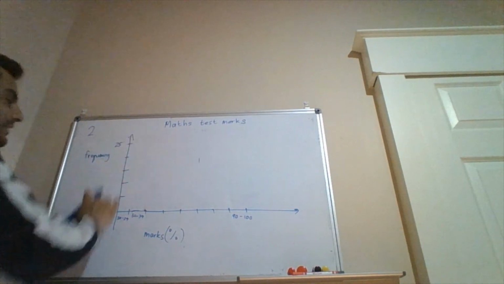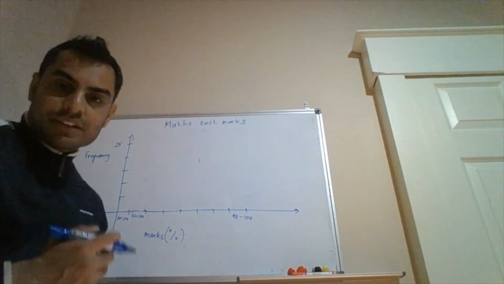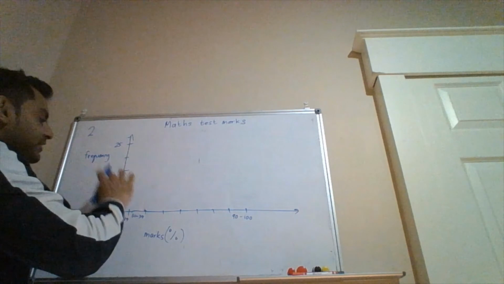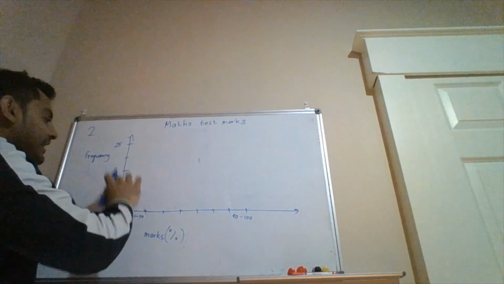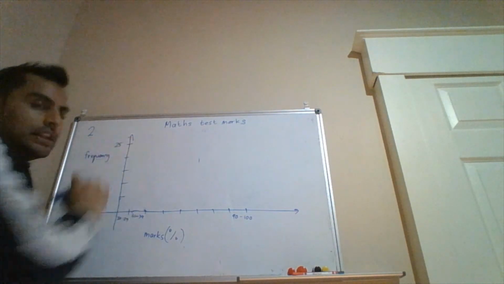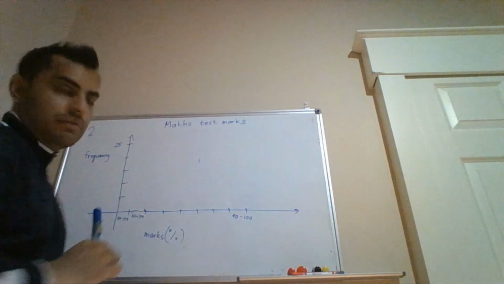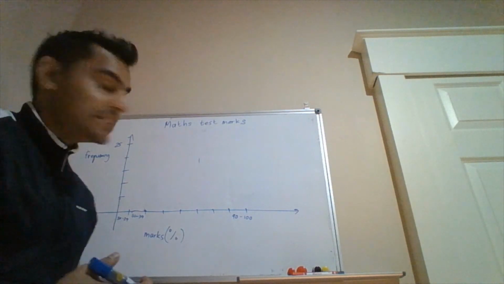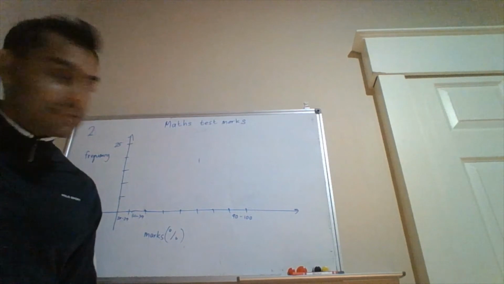For the vertical axis, we have frequency, and the highest frequency was 20. So I've just made my intervals go up in 5s. So 5, 10, 15, 20, up to 25. And don't forget that all of these representations have to have a heading. So I've just put there maths test marks.